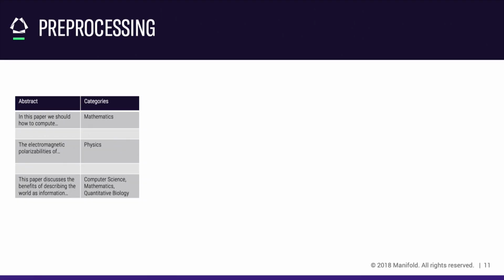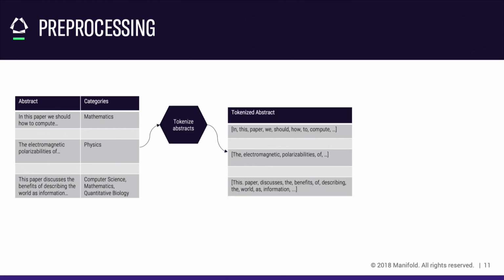So the first step is pre-processing, as Rajendra mentioned. Our raw data looks something like the table on the left, with a full text abstract and a list of categories for each document. In order to prepare our data for feature engineering and eventually modeling, there are 2 operations we want to perform on this data. First, we want to tokenize the full text abstracts from one big string into a list where each element is a word.